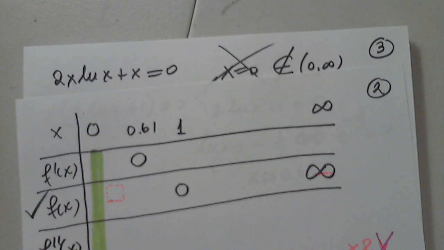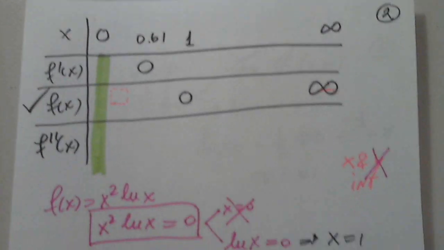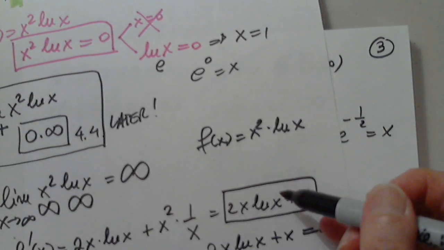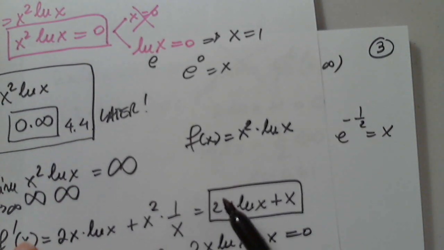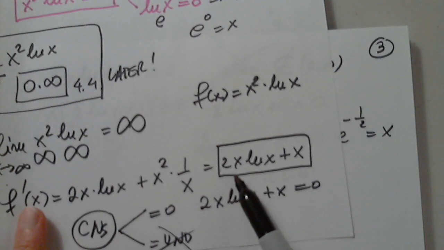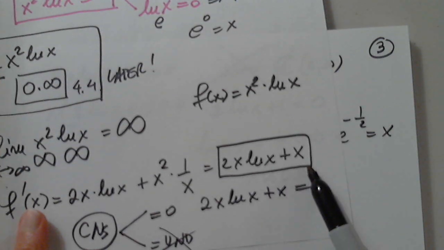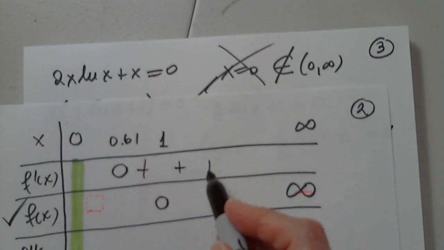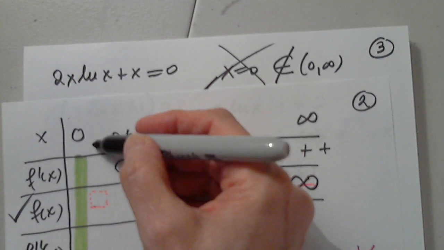0. And now study the sign. Studying the sign of this. So if I put 10, 2 times 10 is positive, natural log of 10 is positive, plus 10 is positive. No question. But now I have to put in something like 0.1.